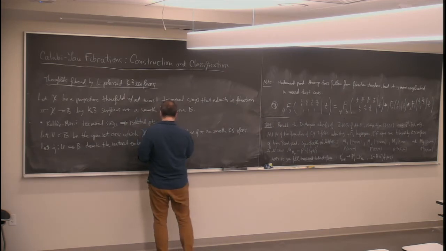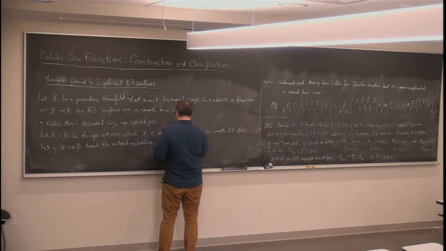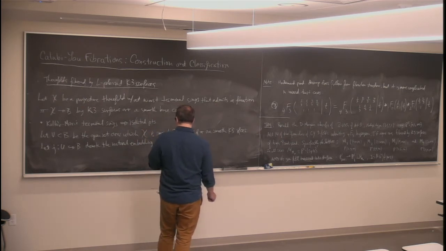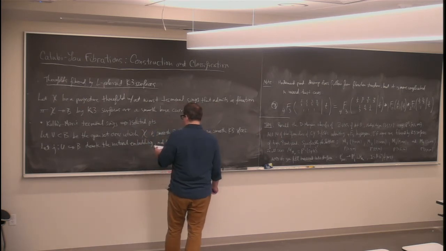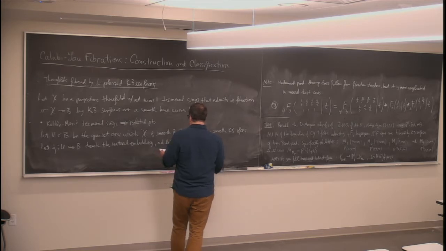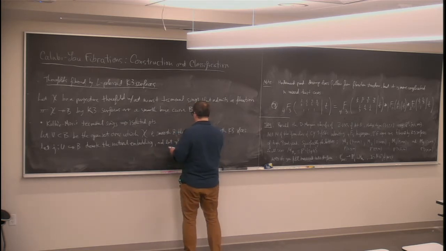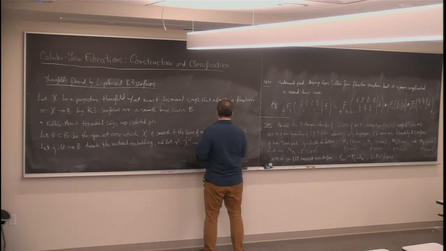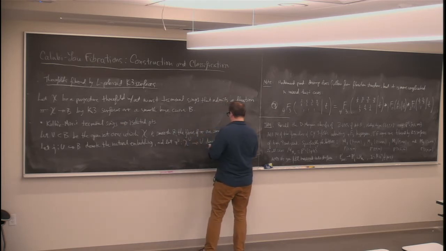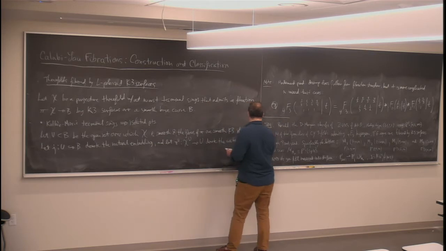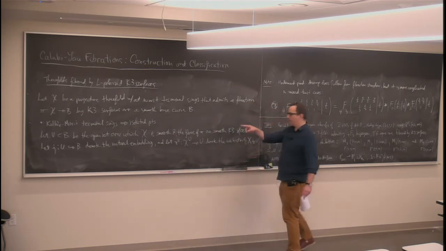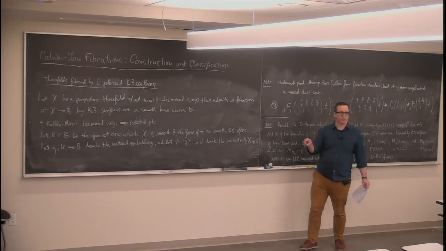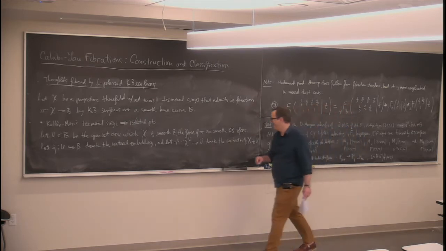And let pi upper U from X upper U to U denote the restriction of X to U. I'm defining it right now. So obviously X upper U is pi inverse of U. Okay.